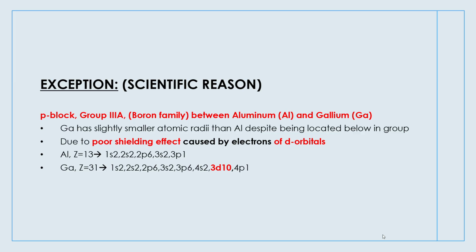All the exceptions that we will study further on, you get these as scientific reasons. Make sure whenever you are asked to discuss the group trend, the exception must be mentioned. The group trend is regular throughout the groups, but if there is any irregularity, then that irregularity must be mentioned to get full marks in your examinations.